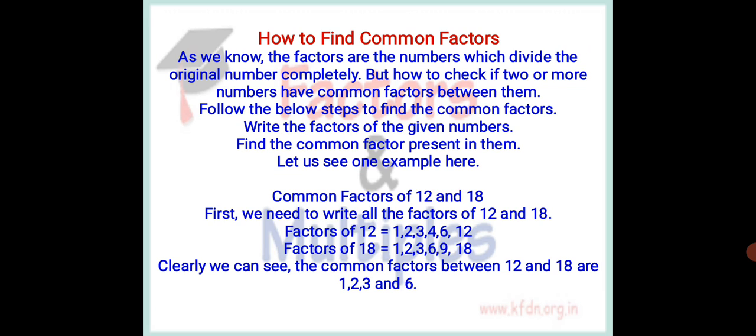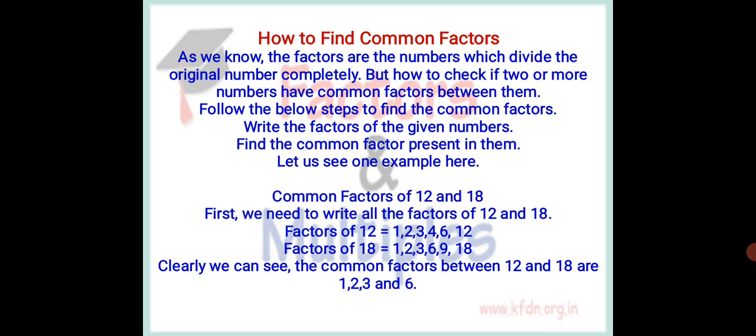If there are two numbers or more than two numbers, then we have to find the factors of all these two or three numbers. Then in the next step, we find what factors are common among them. That is how we find common factors.